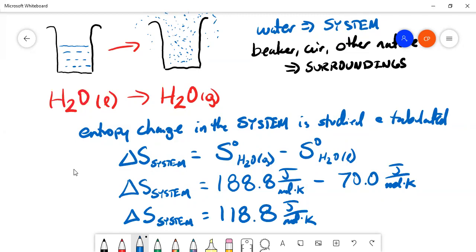But now what we do when we talk about the entropy change in the surroundings is we talk about the entropy change in the energy that gets transferred from the system to the surroundings. Now, y'all know about the energy change in evaporating water. You know about it because you've worked out, most of you, at some point in time, and you've done some strenuous manual labor, and that strenuous manual labor has made you sweat. And what's the purpose behind you sweating?